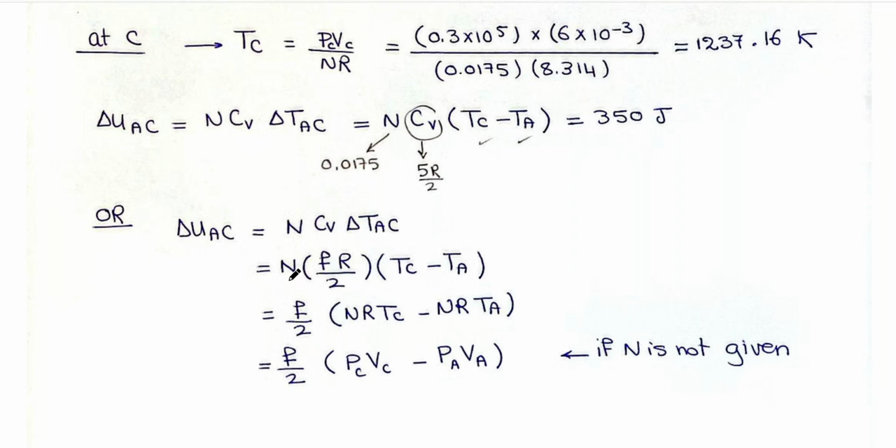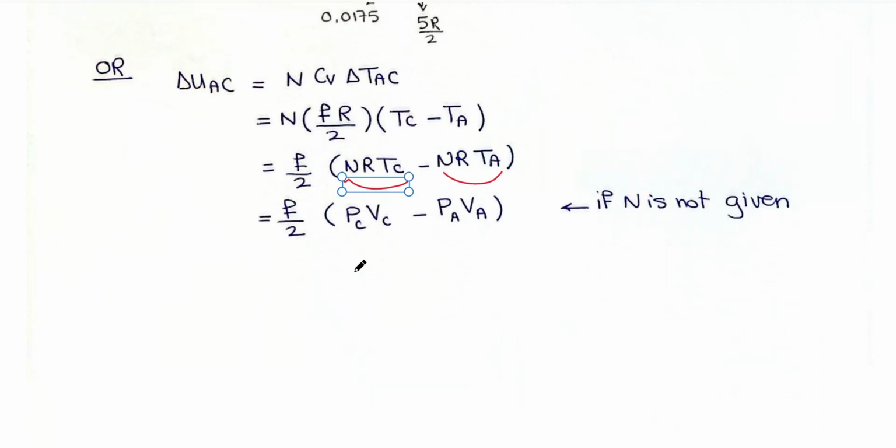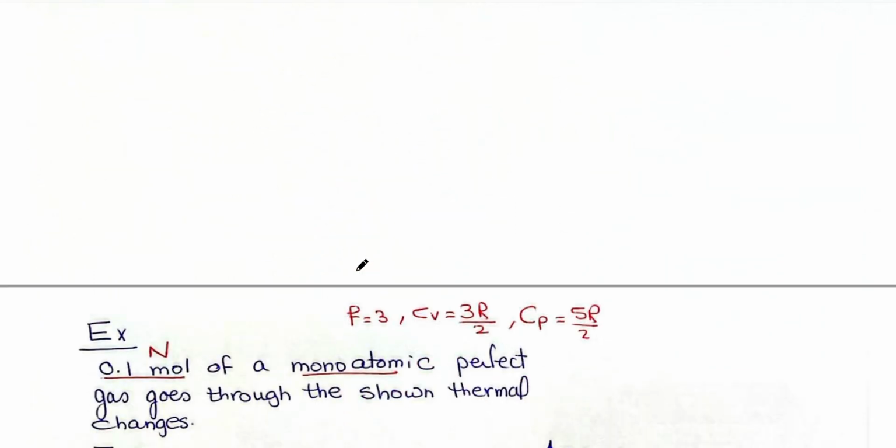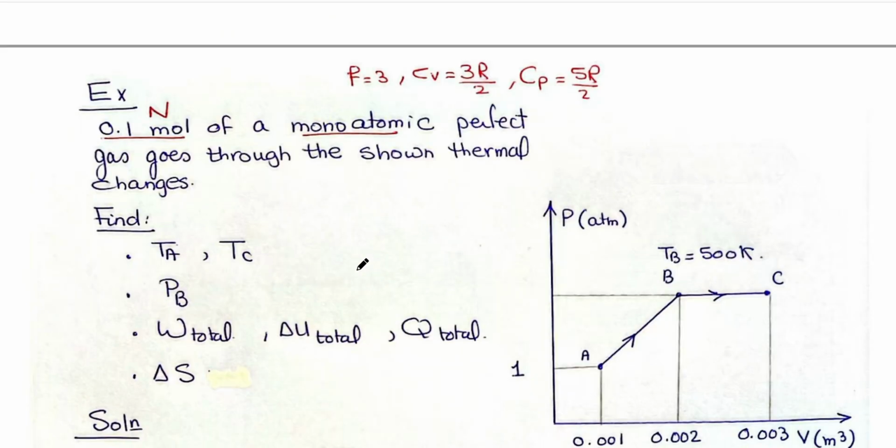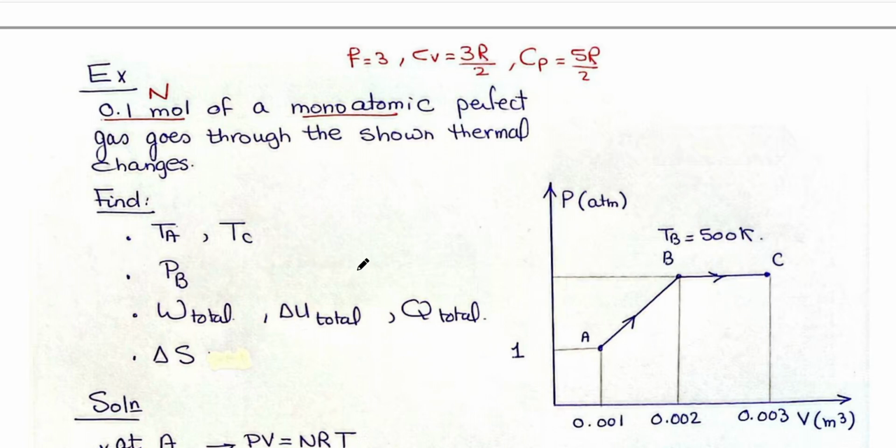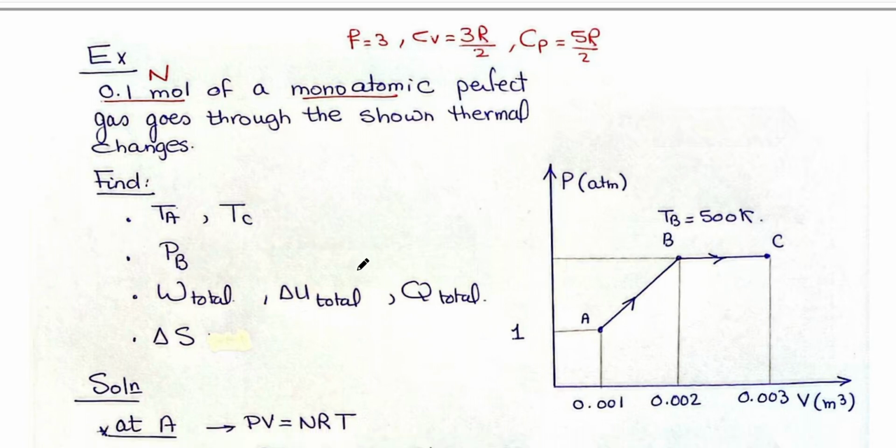When you multiply nR by Tc, you will find PV and another PV, and then you can substitute in this other form. The last example we want to discuss today is 0.1 mole of monoatomic perfect gas going through these shown changes.